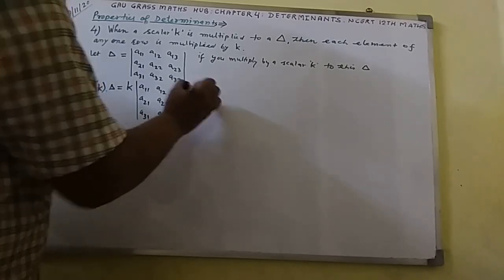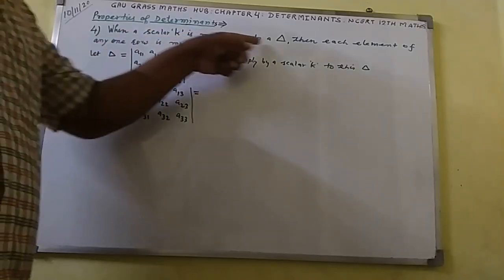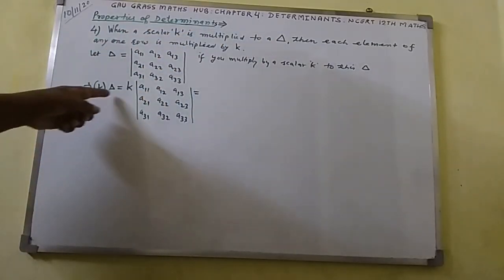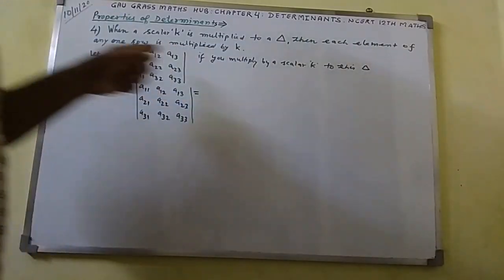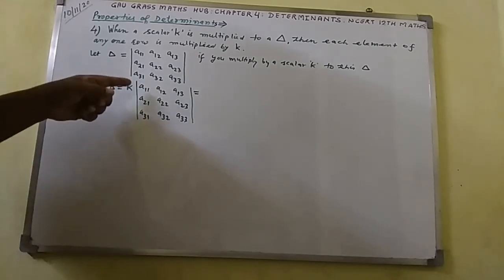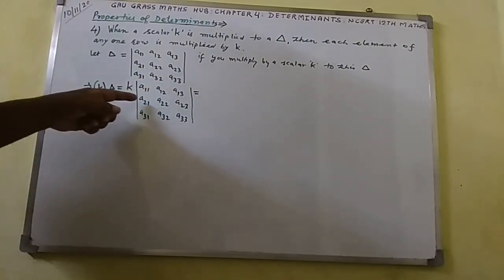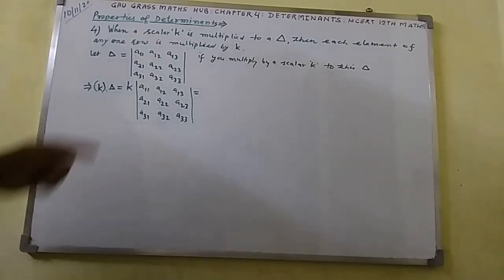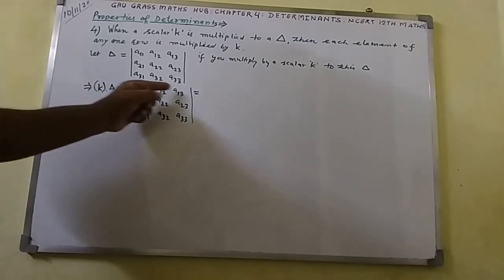Now see the result here. This property said when a scalar k is multiplied to a determinant, then each element of any one row, means you can take either first row or second row or third row, each element will multiply by k.